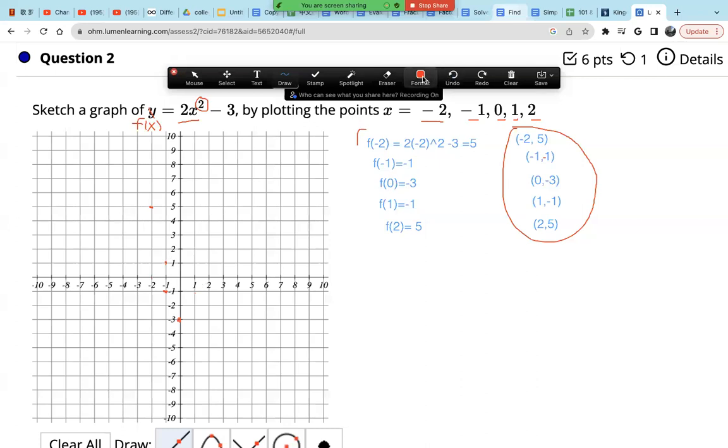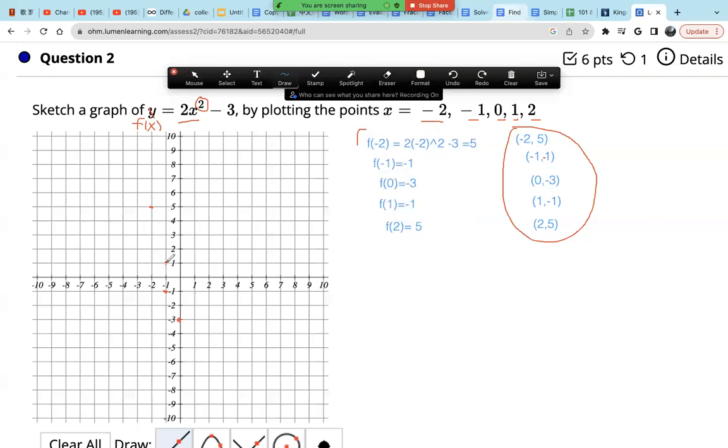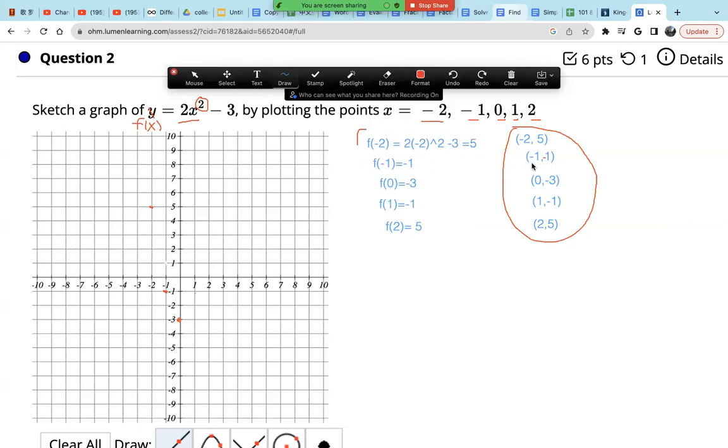Let me use white color. We do not have this point. -1, -1, 0, -3, then +1, -1 is this point. Then +2, so 2 and 5. Because this is an even function, it's symmetric about the y-axis.